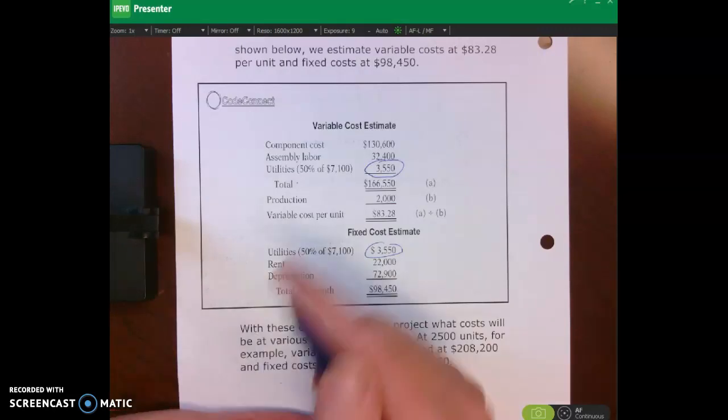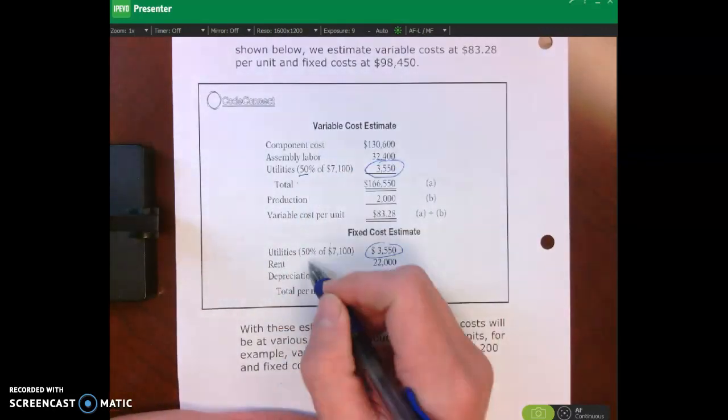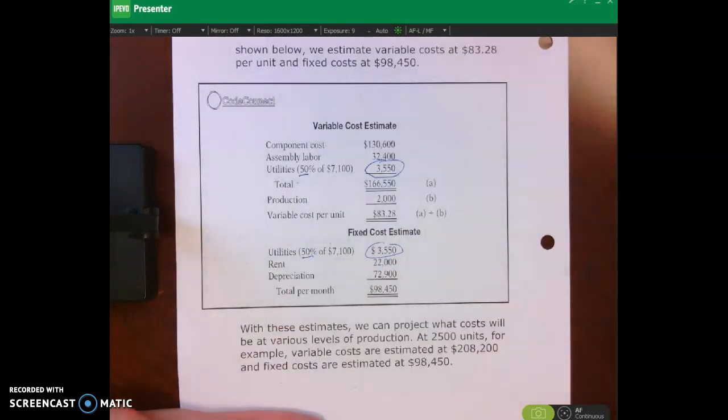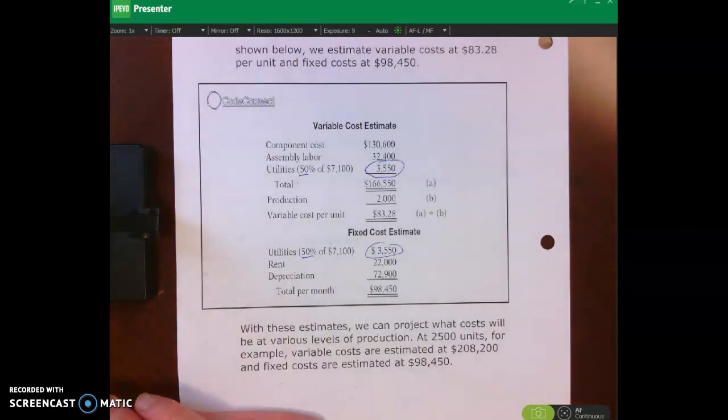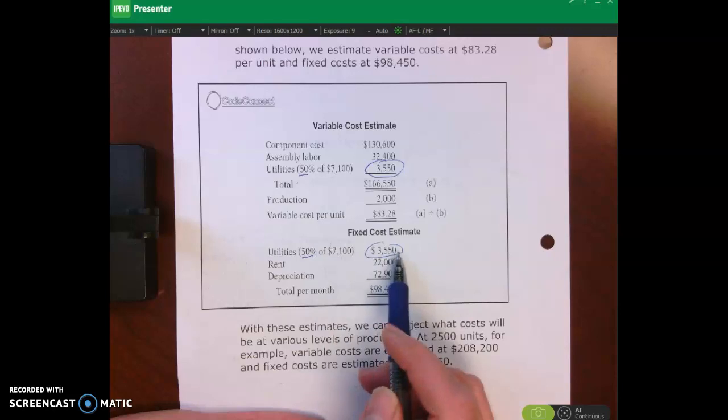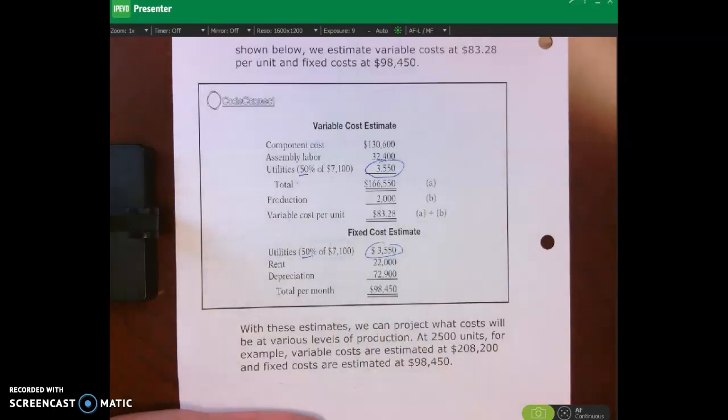So our assumption, based upon our professional judgment and prior experience, is that half of that 7,100 is variable and half of that 7,100 is fixed. Keep in mind, this is all at 2,000 units.